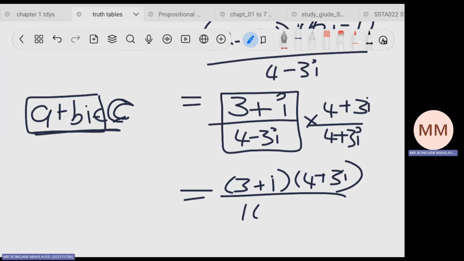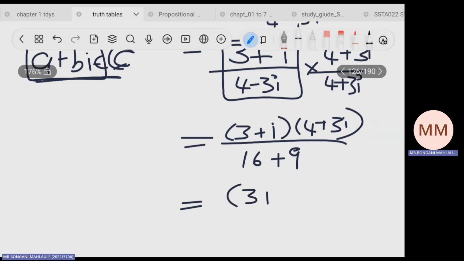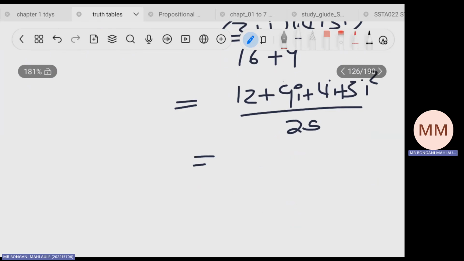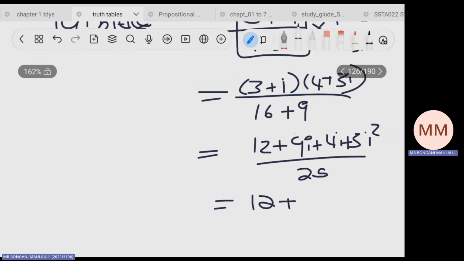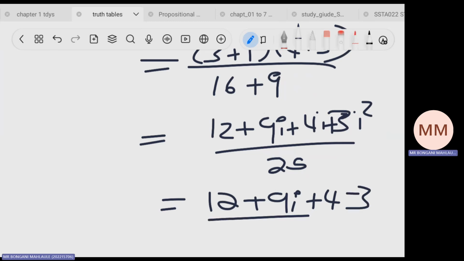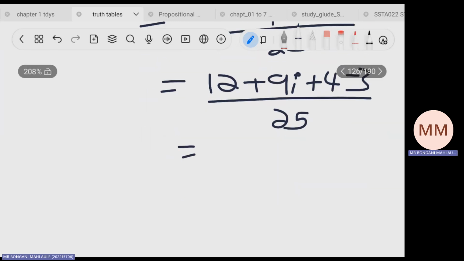You'll get 16 plus 9 in the denominator, 25. Then this will be 3 plus i in the numerator. So let's simplify this. This will be 12 plus 9i plus 4i plus 3i squared, all over 25. And this will be 12 plus 13i plus, and this will be minus 3, all over 25.